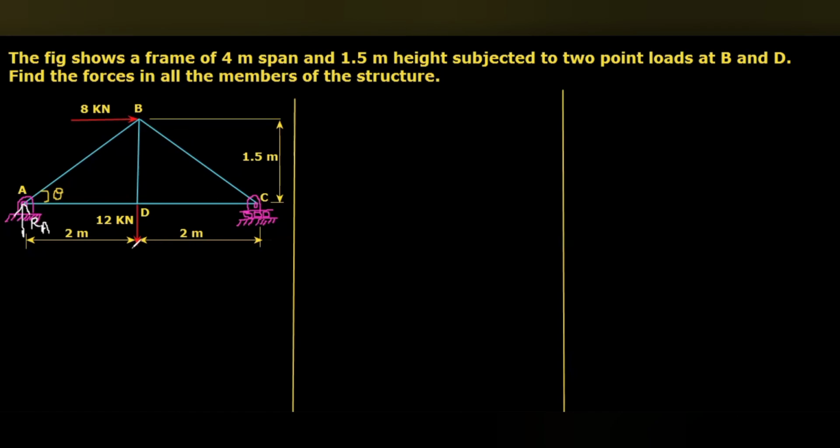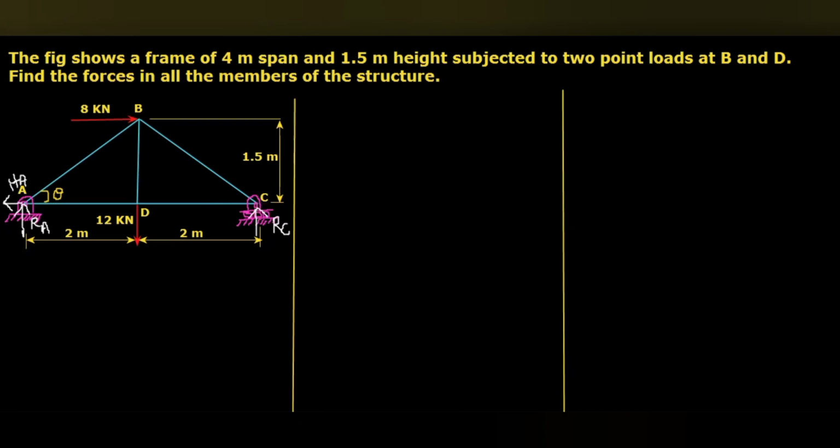Here there is no other horizontal force. So this 8 kilonewton is acting towards the right side. So from point A towards the left side, the horizontal reaction HA will act. Upward reaction RA, horizontal reaction towards the left side HA. At point C, as usual, an upward reaction RC. So now there are three reactions.